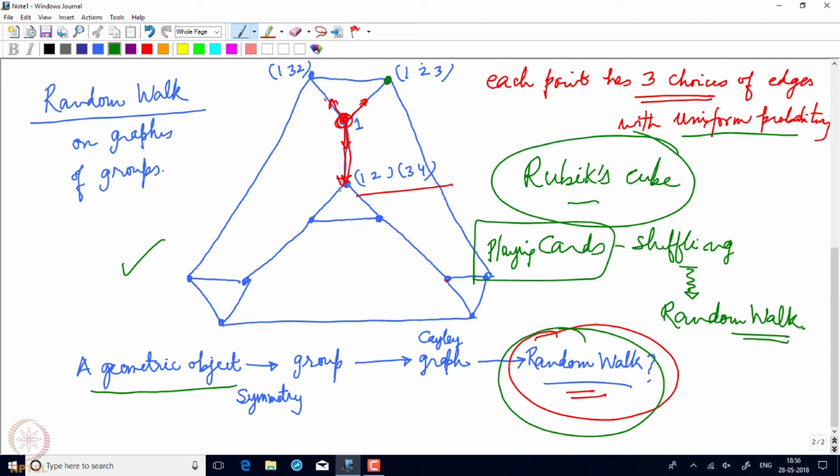Nothing is deterministic here. So, in terms of probability, one interesting statement would be: after how many steps are you equally likely to be at all the points? After how many steps would the probability of finding this point after doing all this random walk be uniform? Those are quite interesting questions.